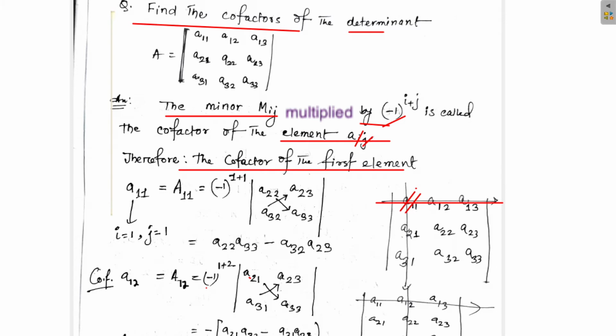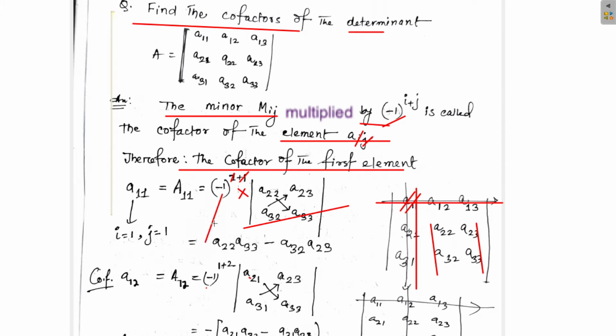We have to remove this row and column, and the remaining elements will give me the minor like this, and this minor is then multiplied by a quantity (-1) to the power i plus j. For the first element, the value of i is 1, meaning the first row, and the value of j is 1, meaning the first column.